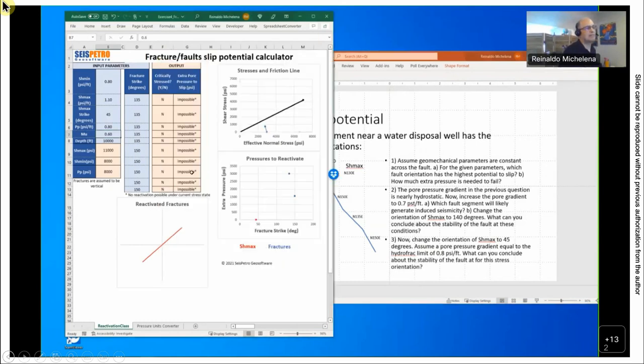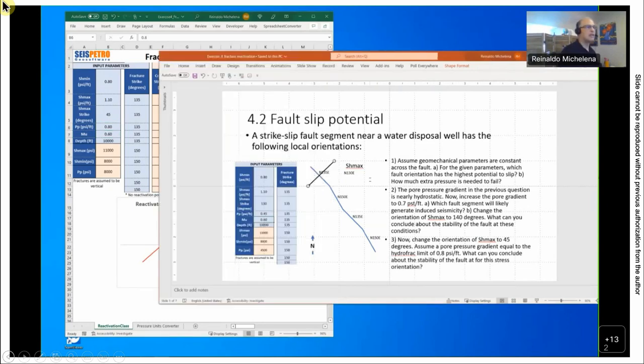The most you will be able to pump is up to 0.8. Otherwise, you'll create a hydraulic fracture, so you have to stop there. But still, it won't be much larger than that. And the whole fault will be stable. But when the maximum horizontal stress is parallel to the fault, then you have to be careful because some portions may reactivate.